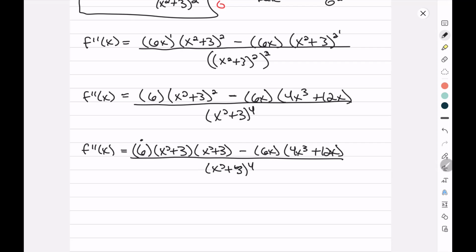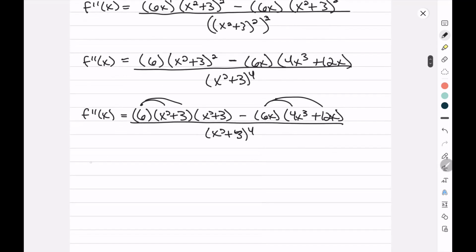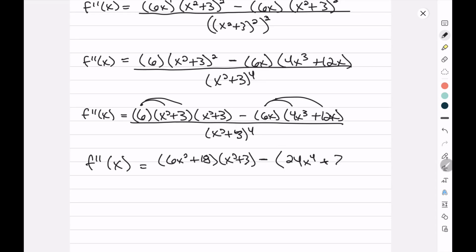We're going to take the 6 and distribute it out into the x squared, and we're going to take the 6x and distribute it out into this one as well. So our second derivative is going to be 6x squared plus 18, and then an x squared plus 3, and then we'll get a 24x to the 4th plus a 72x squared all over x squared plus 3 to the power of 4.